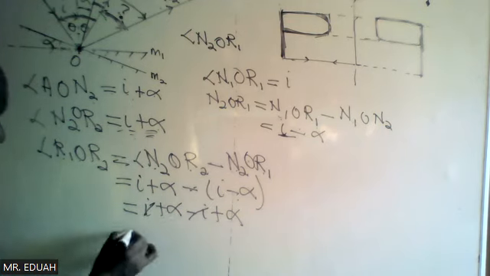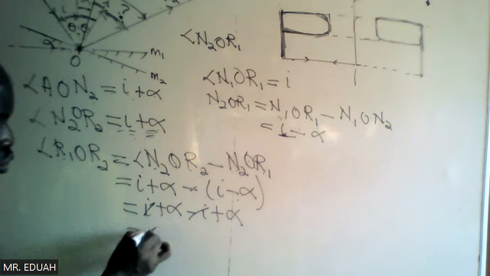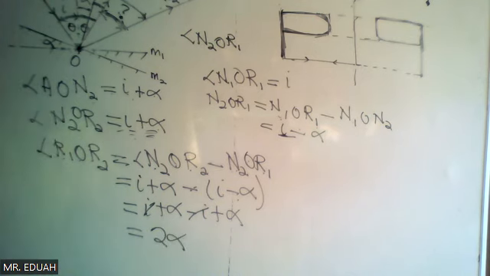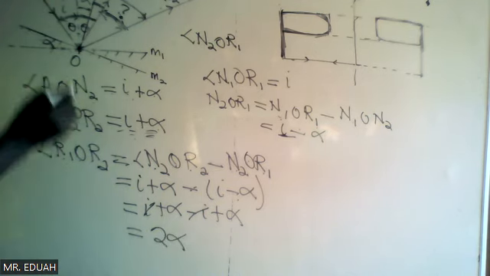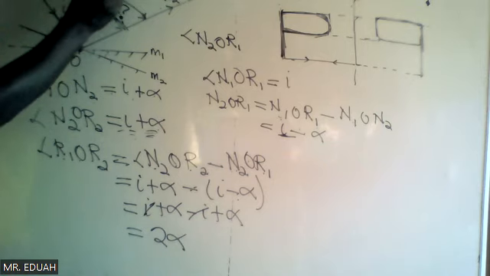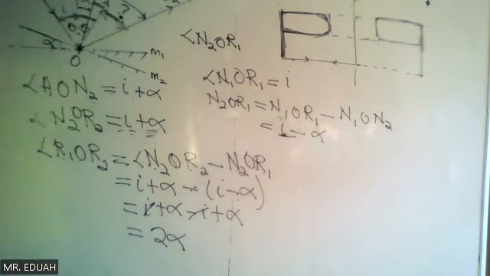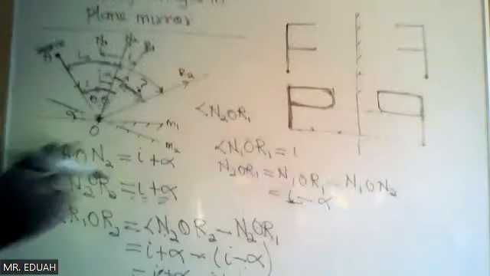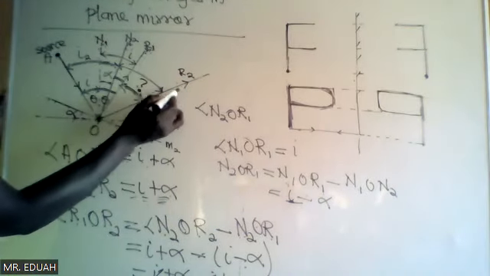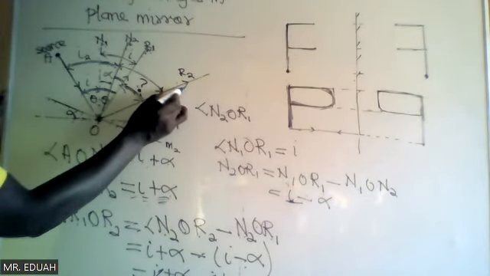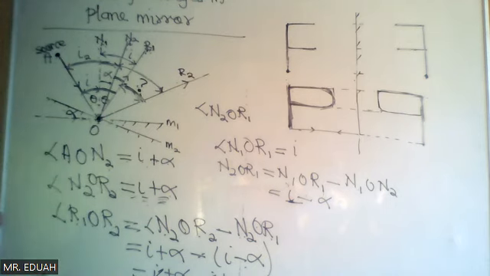I will cancel, which is equal to 2 alpha. This is the angle between the old reflected ray R1 and the new reflected ray R2. It is always equal to 2 times alpha.